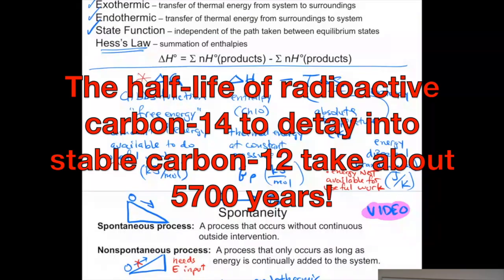You can measure how much carbon-14 there is versus carbon-12, and figure out how old something is based on the ratio of radioactive carbon-14 to non-radioactive carbon-12. This is a spontaneous reaction, but it takes a really long time. The time it takes for half of the material to decay is on the order of 5,700 years. But it is spontaneous.